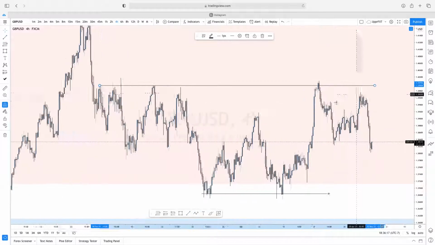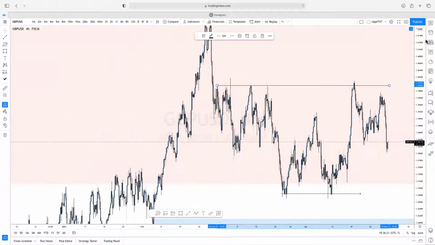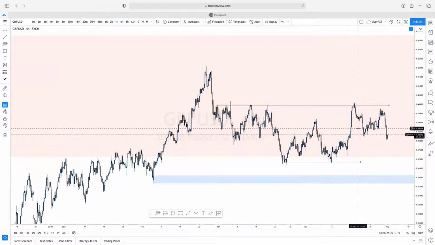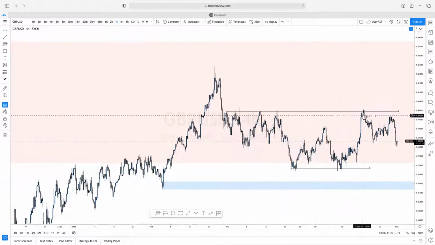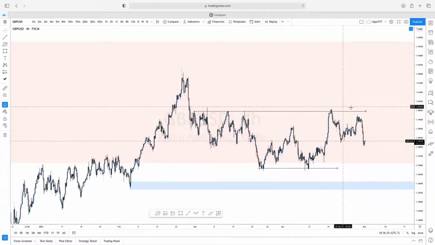So right off the bat, this is all liquidity, right? Here at this level, resistance, whatever you want to call it, there's people's stops from their sells that they're potentially in. If they're still in, maybe they have stops in here.